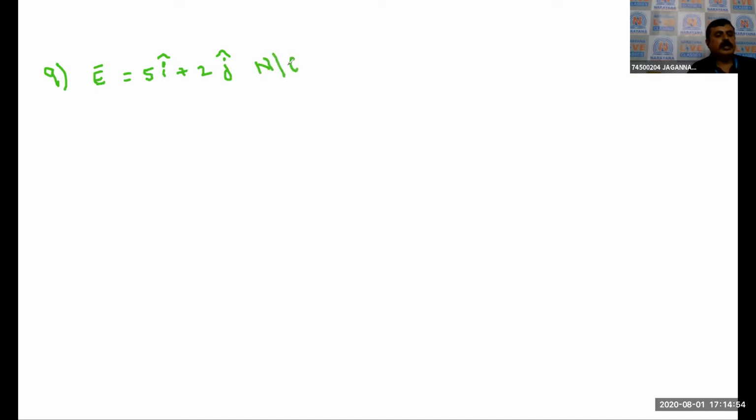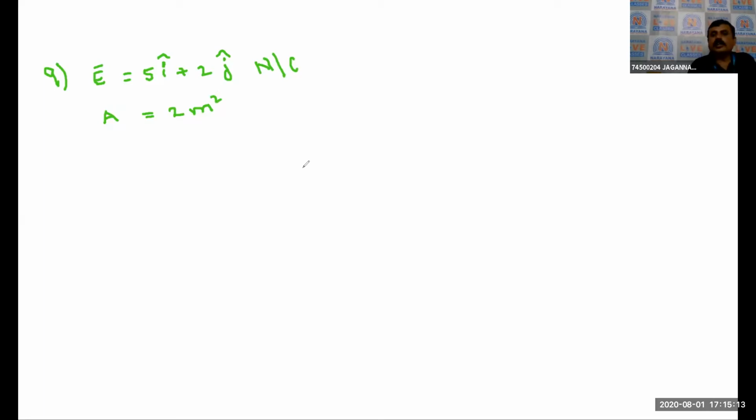The electric flux due to this field through an area of 2 meters square. Area is given, A equal to 2 meters square, lying in the YZ plane.